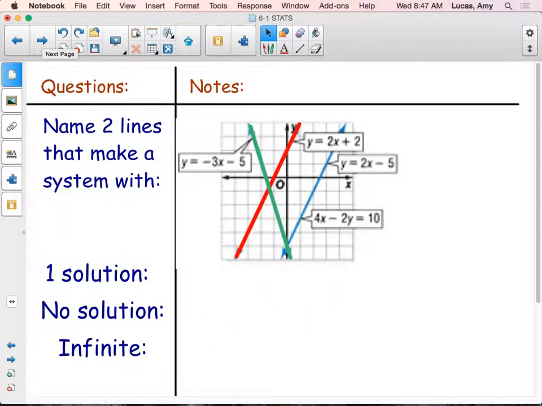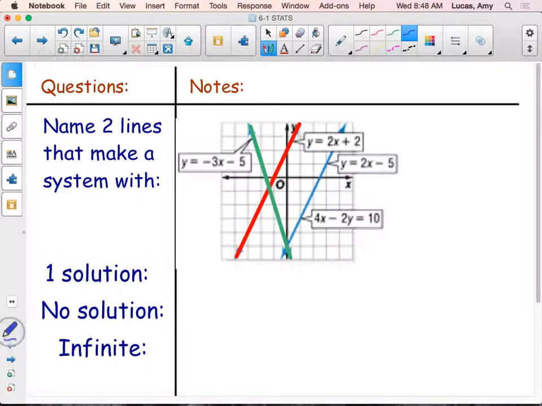Okay, now our last slide says, name two lines that make a system with one solution, no solution, and then infinitely many solutions. So this is maybe a little bit tricky because all of the lines have been graphed for you, and they've got these little conversation bubbles that tell you what the equations are. So like the green line, here's an equation for it, the red line, and then notice that the blue line has two of these connected to it.